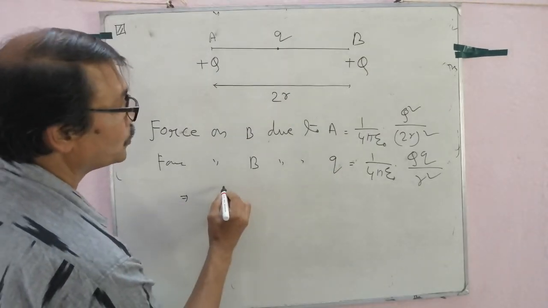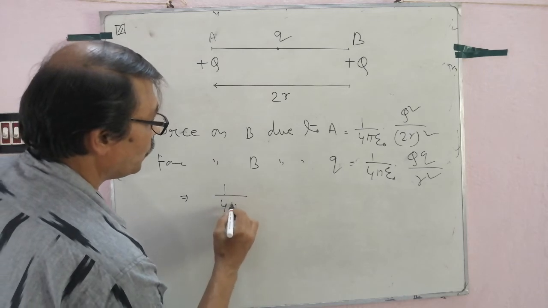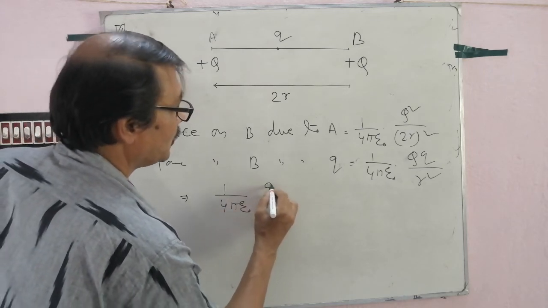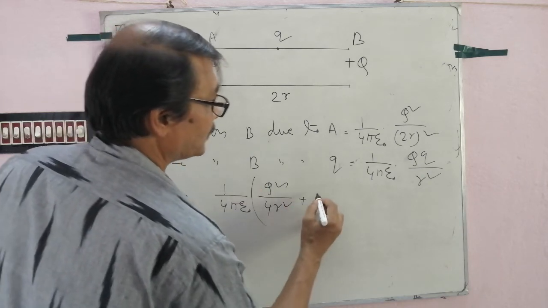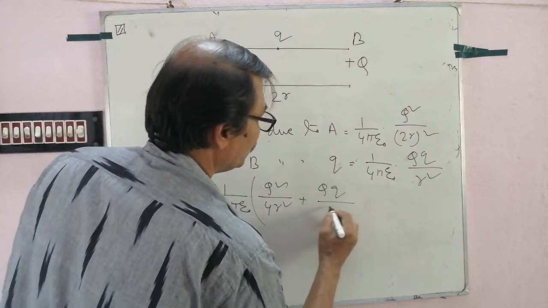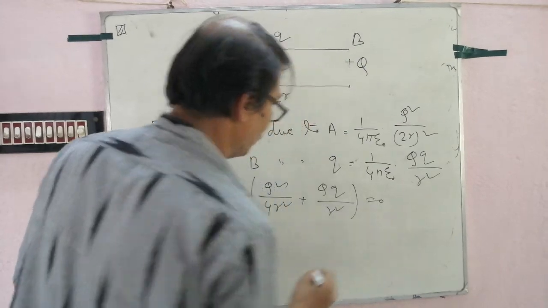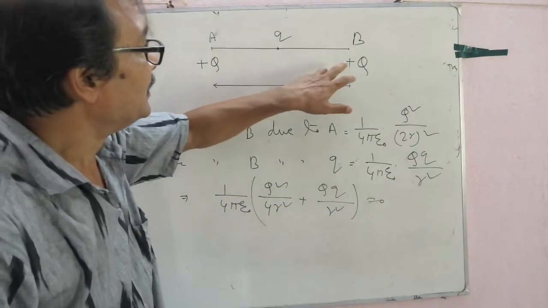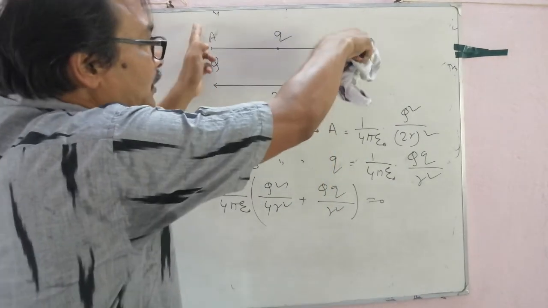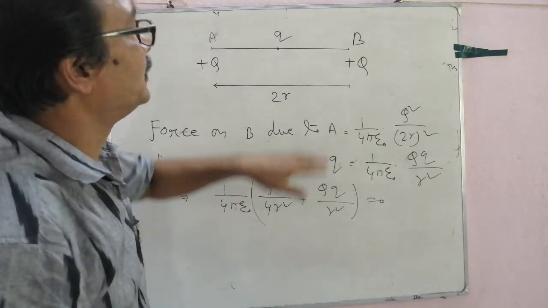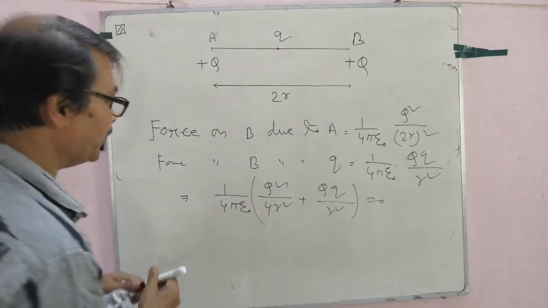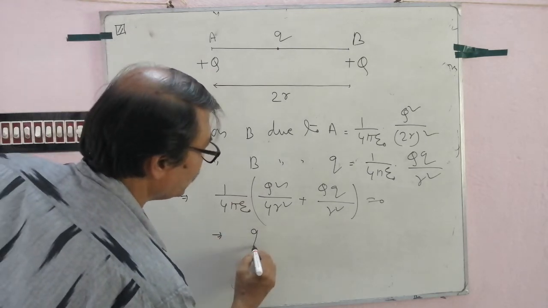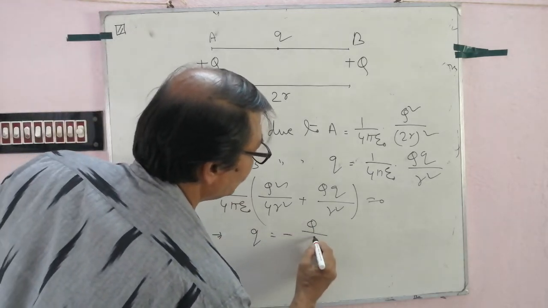That is 1 by 4 pi epsilon naught, q square by 4r square plus q by r square equal to 0. Because if these charges are in equilibrium, then the total force on this charge will be 0. The result will be q equal to minus Q by 4.